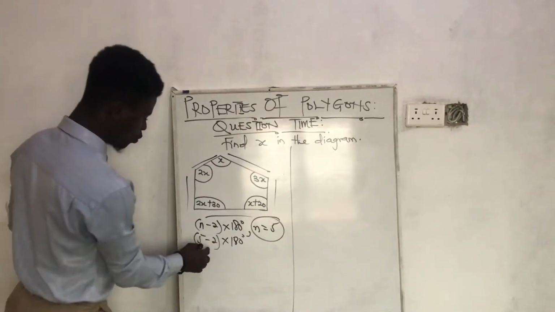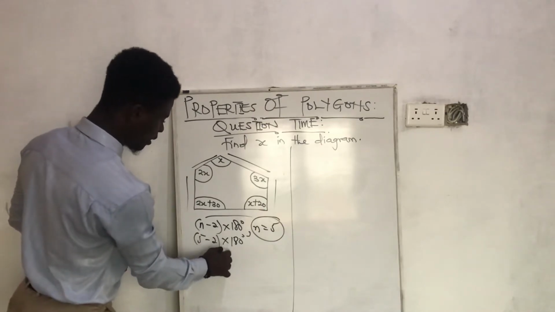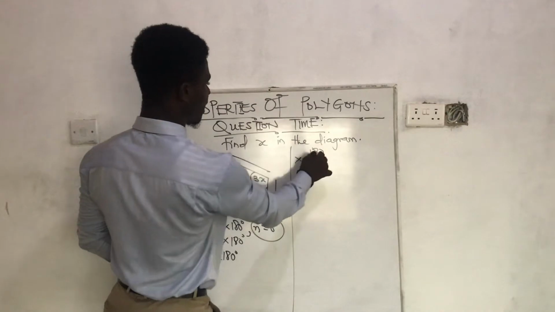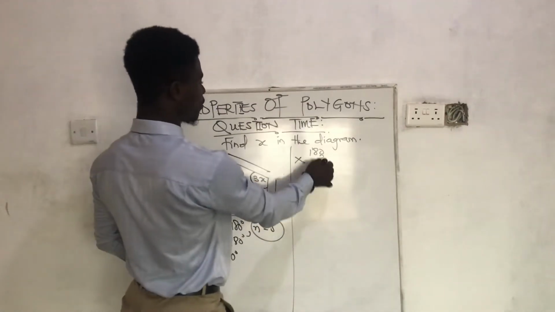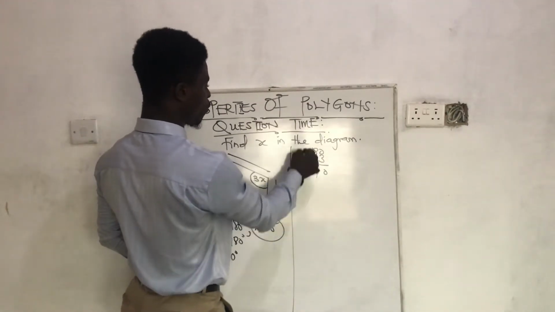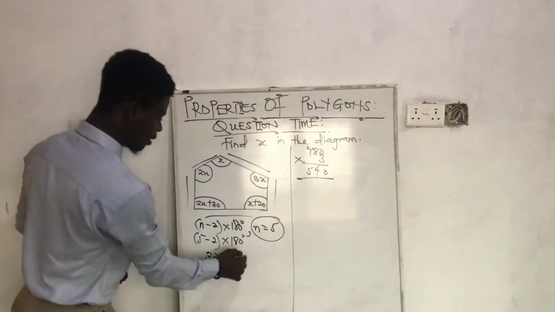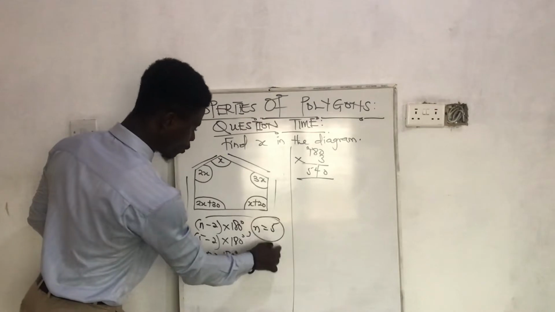So 5 minus 2 is 3 times 180 degrees. And you know that 180 times 3. 3 times 0 is 0. 3 times 8 is 24, so 4 carry 2. 3 times 1 is 3, plus 2 is 5. So it means that we have 540 degrees.